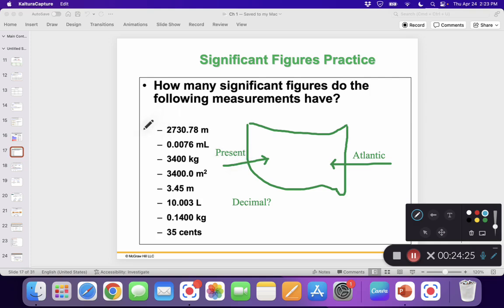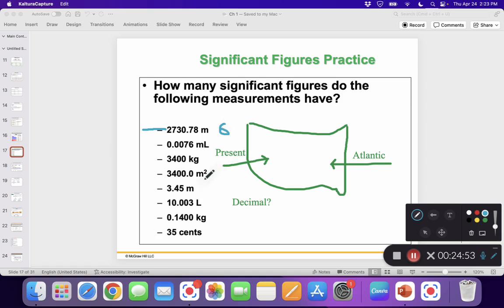I start from the first non-zero number, 2, and all those numbers behind it I have to keep on counting. I cannot stop. So 1, 2, 3, 4, 5, 6. This first number has 6 significant figures.